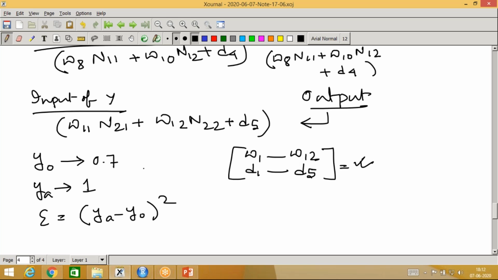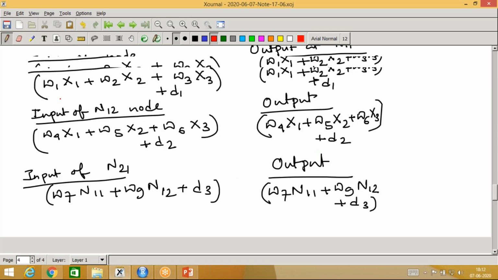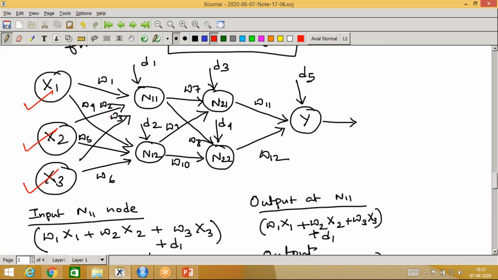Now understand, what is your objective? You have got this y, you know already x1, x2, x3. These three things you know. The actual value of y you know. What you do not know is these values.